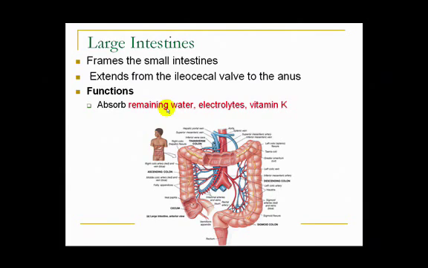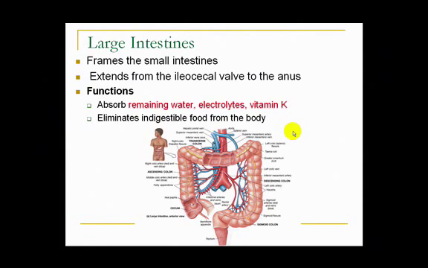You need to reabsorb the water. You will reabsorb some of the remaining electrolytes like sodium, potassium, and so forth that are still dissolved in the water. And then you do absorb some vitamin K that is actually made by the bacteria that live in your large intestines. And the other function is obviously to get rid of any indigestible food, so it eliminates it from the body.